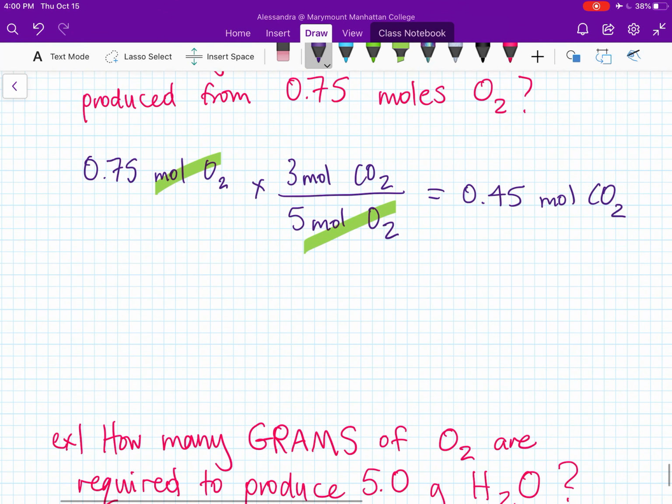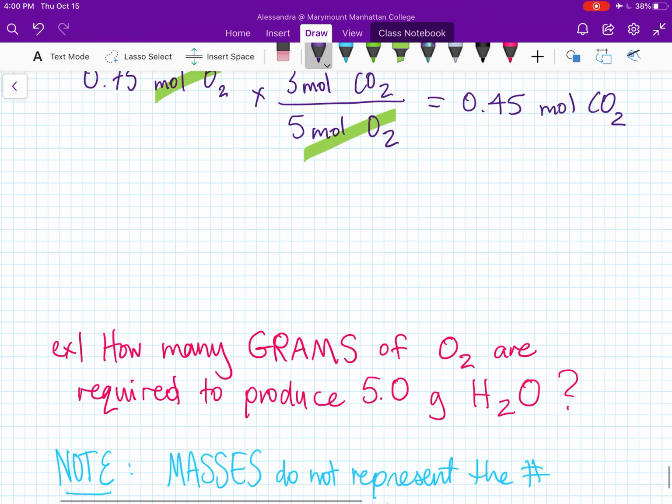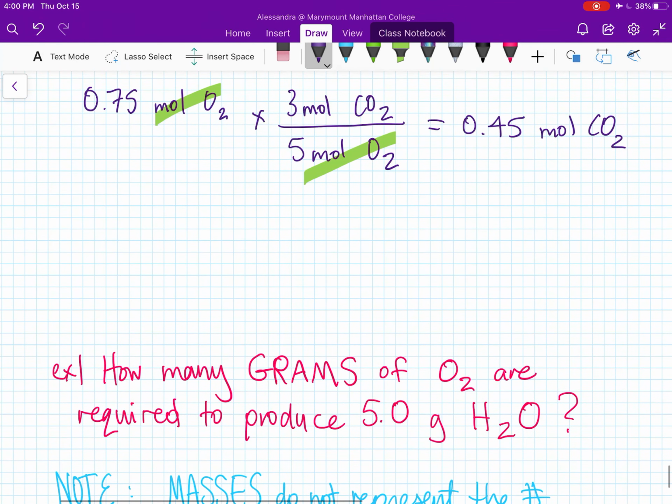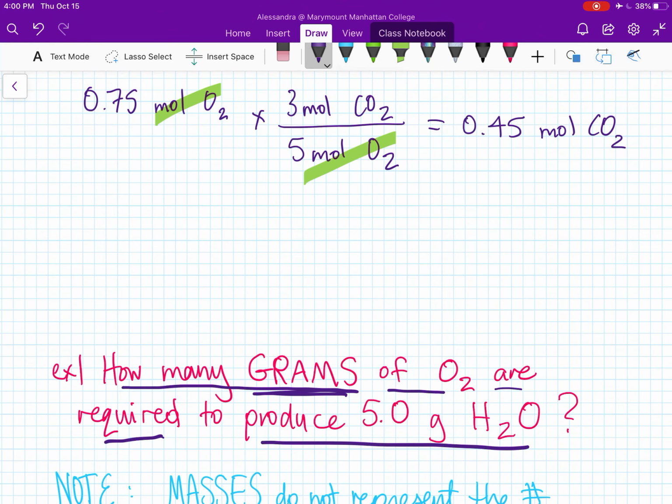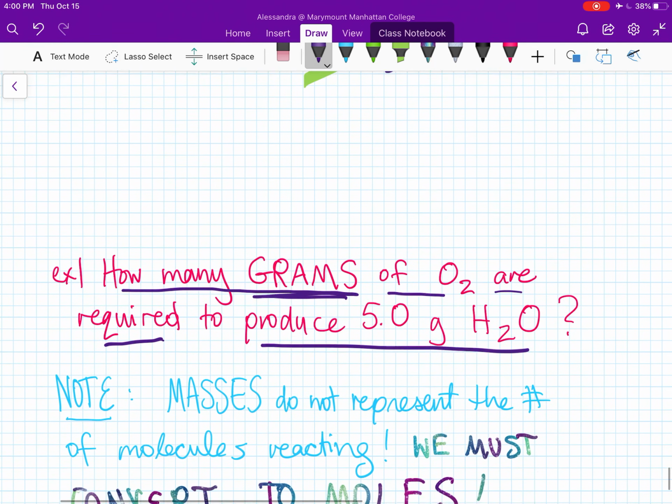So let's add a layer of complexity to this. I've been asking you about moles thus far, but can we see how many grams of oxygen are required to produce 5 grams of water? Careful here, okay?